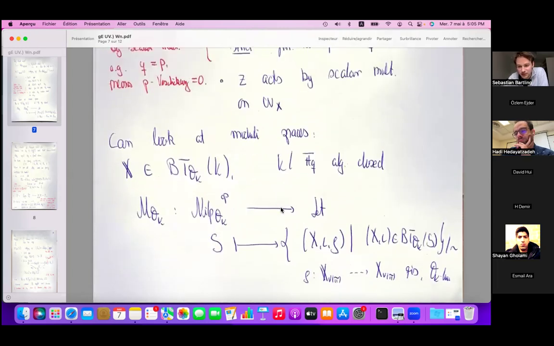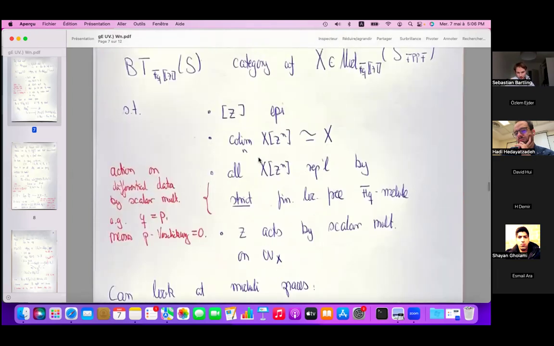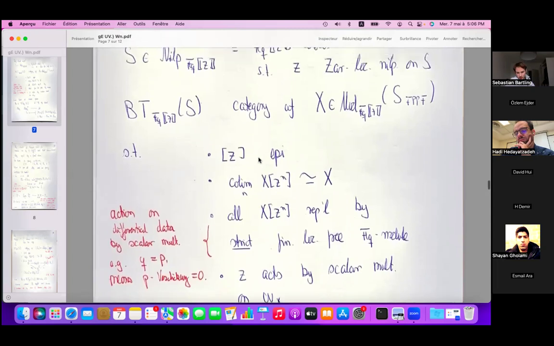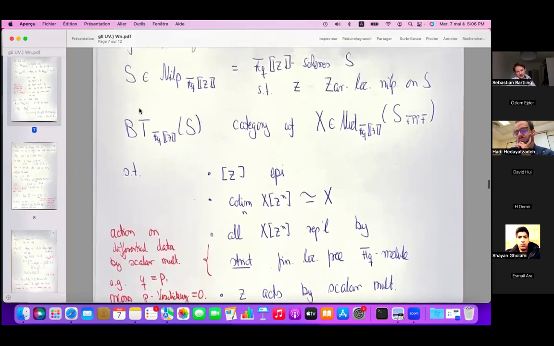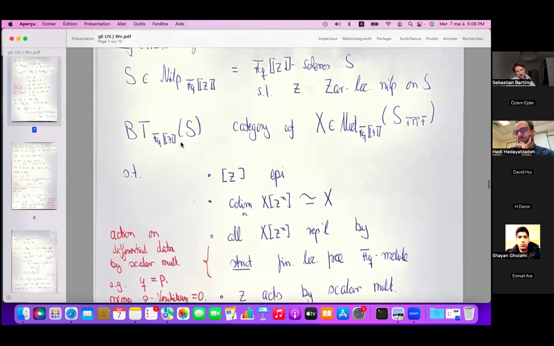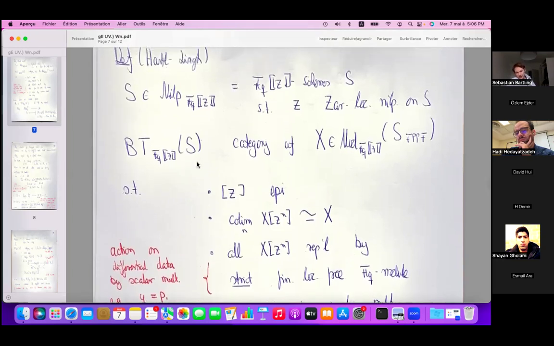I think in our paper there is a remark explaining this, in my paper with Urs. I would be interested to know exactly what the local Shtukas are that correspond to this category BT that I defined here.